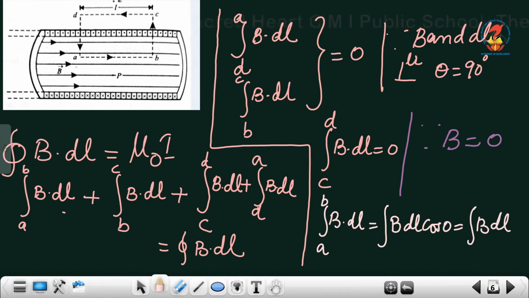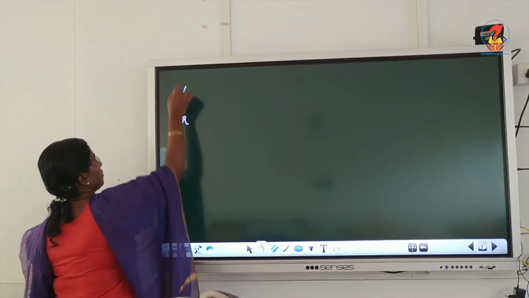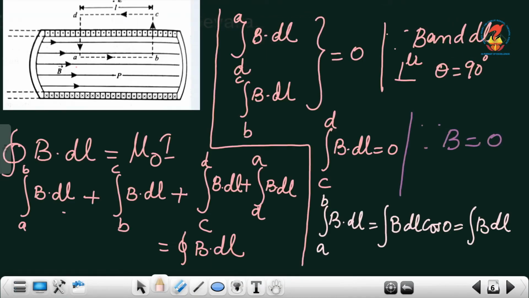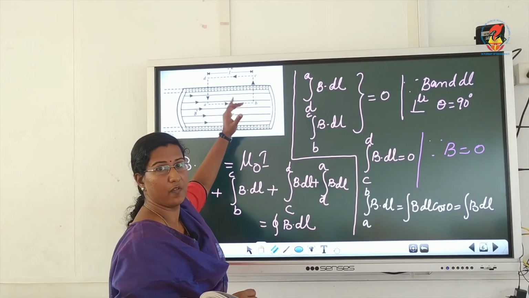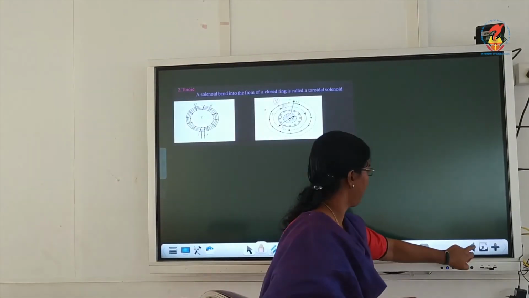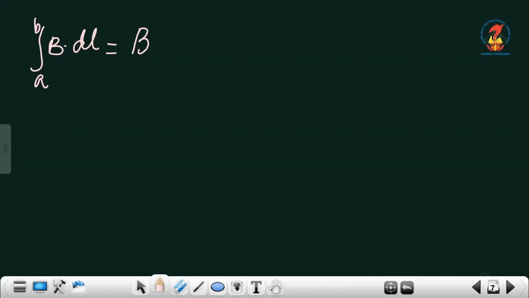Now, we are going to integrate. If you look into the diagram, you can see the field inside the solenoid is parallel and uniform, which means it is a constant field. So, we can take B outside, we get B integral A to B dl, and dl is the length of the Amperian loop.